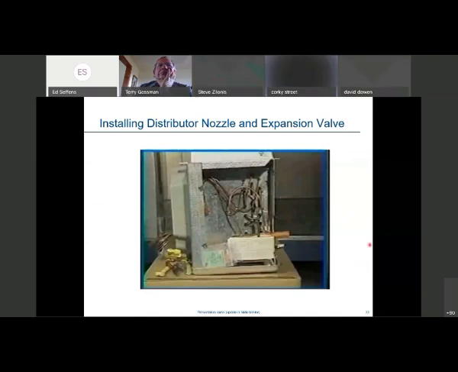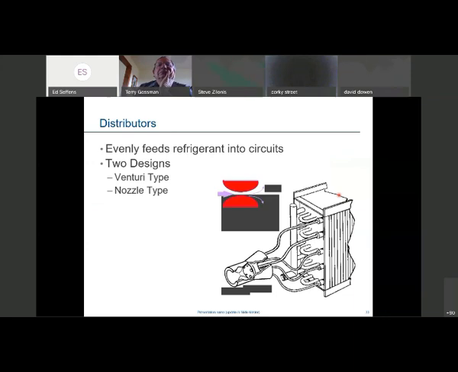All right, let's talk about distributor nozzles and expansion valves and how they relate to each other and how they work. Sizing and selecting. Commonly, we will see two different types of nozzles or distributors out in the industry. The Venturi type.